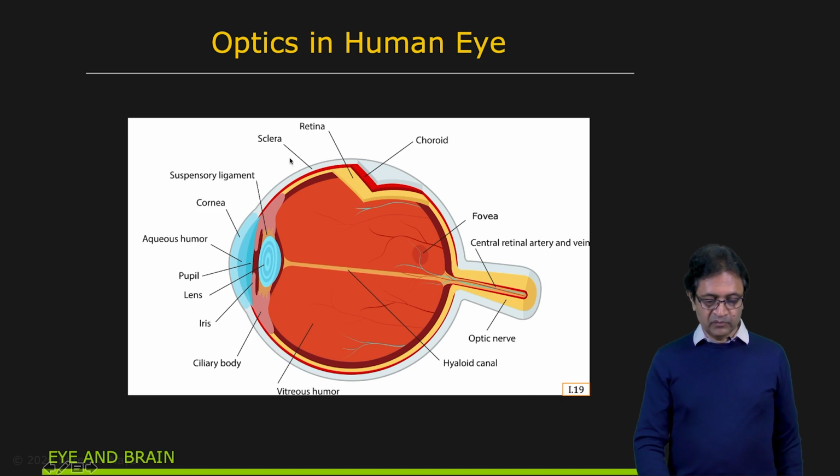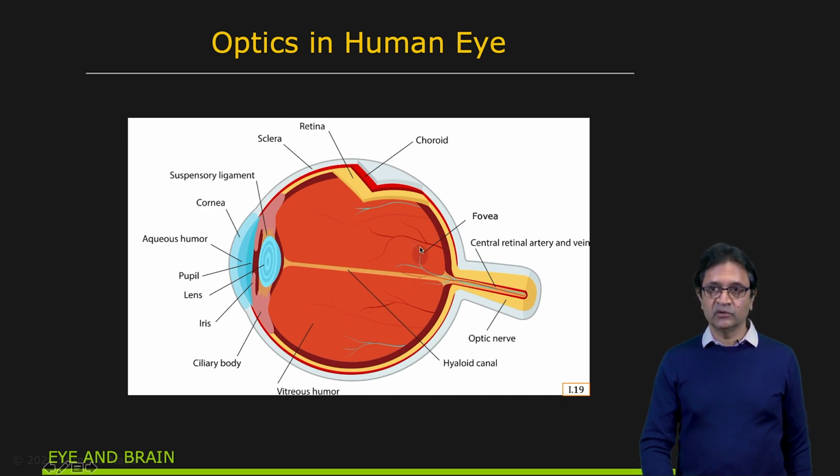And the image formed by the eye falls on the retina back here. That's the retina. It's a curved image sensor which has the rods and cones on it, the pixels of the eye. And somewhere here you have what's called the fovea. This is the part of the retina which has maximum resolution.